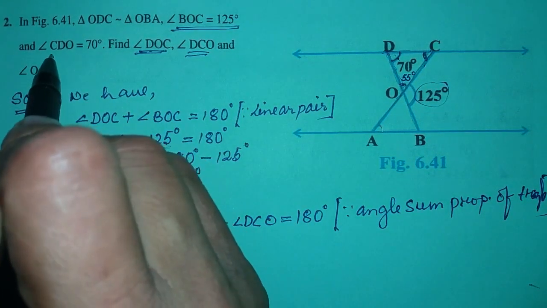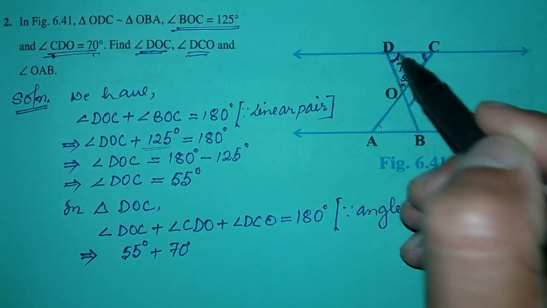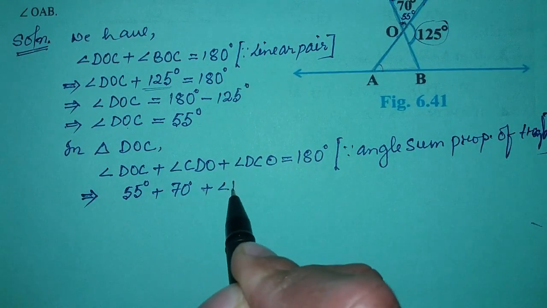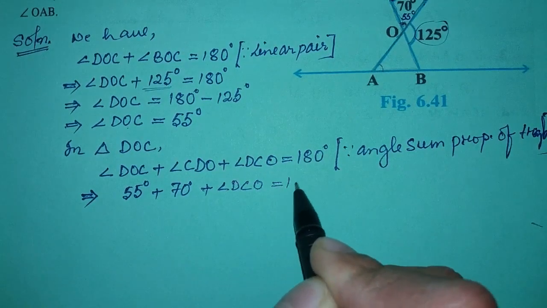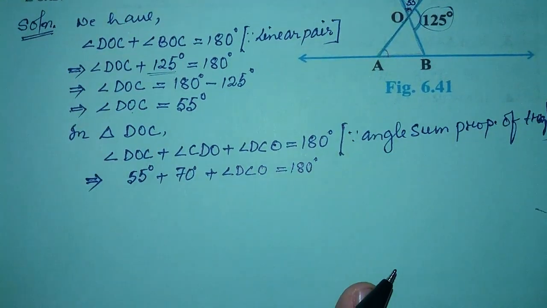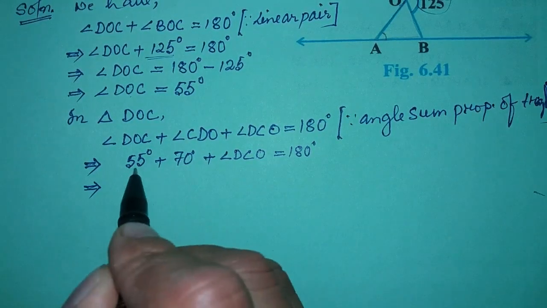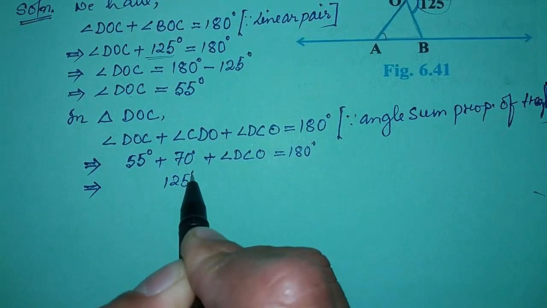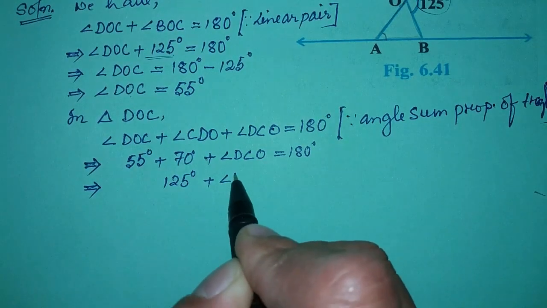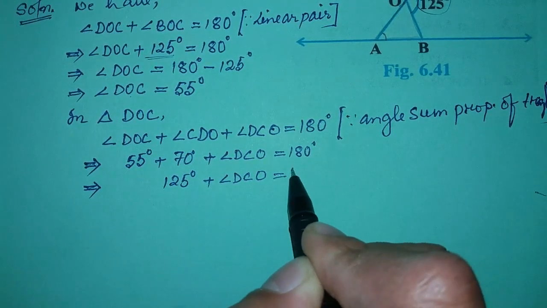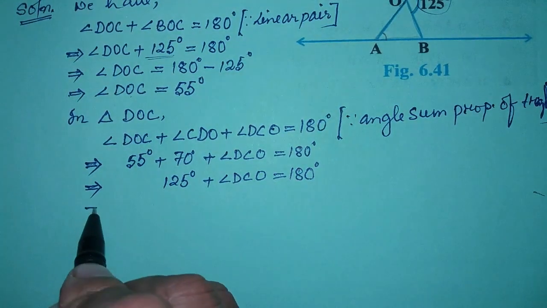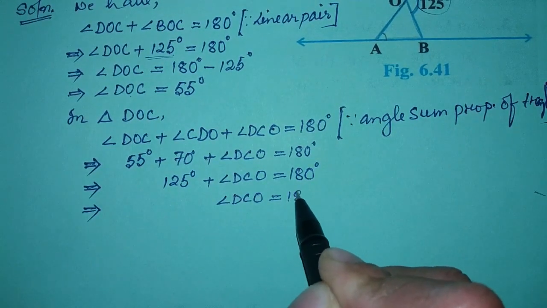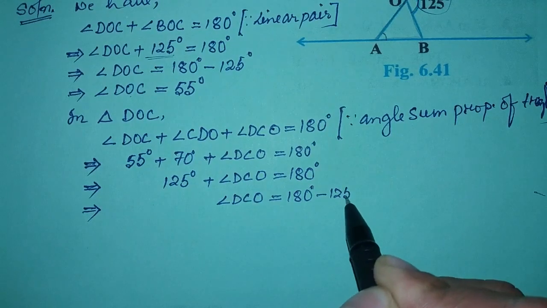Angle CDO is equal to 70 degrees, yes, this one, plus angle DCO is equal to 180 degrees. Now 55 plus 70 is 125, plus angle DCO is equal to 180 degrees. So angle DCO is equal to 180 degrees minus 125 degrees.